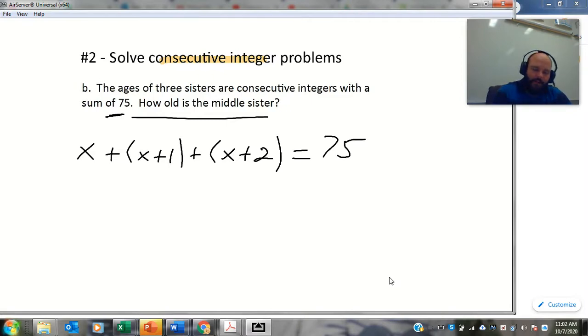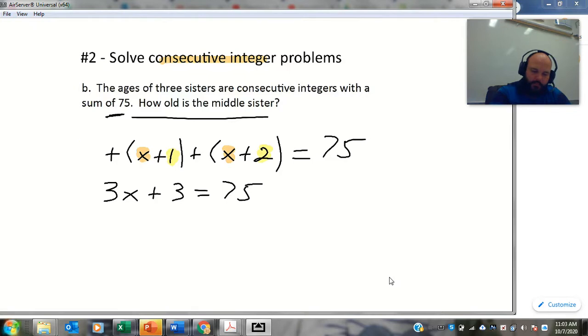And when I add those together, we're going to look at our like terms. I'm going to highlight, there's an x, there's an x, there's an x. Here's a 1, here's a 2. Those like terms need to be put together. So there are 3 x's, and then 1 plus 2 is 3, and that's going to equal 75.